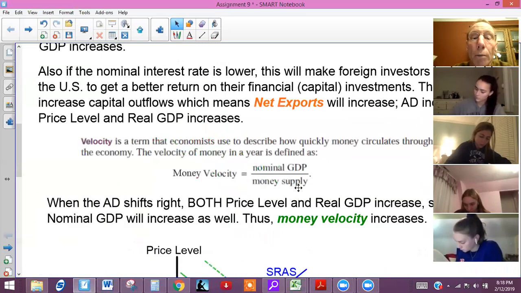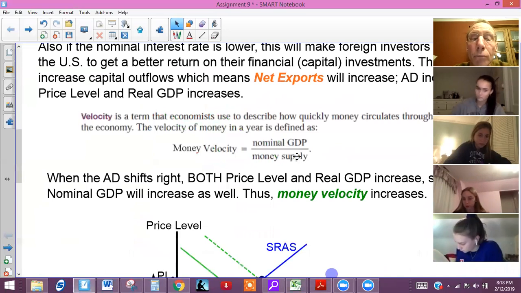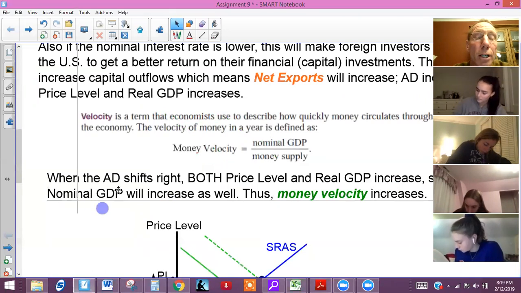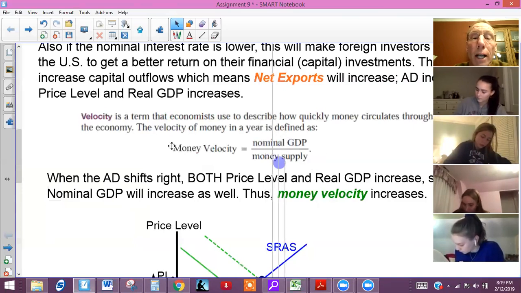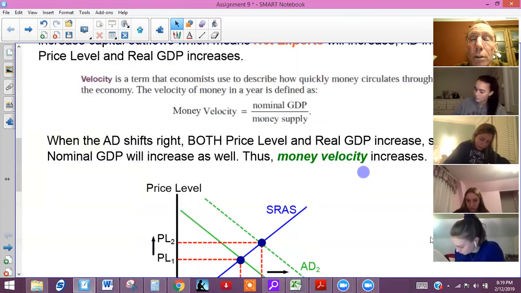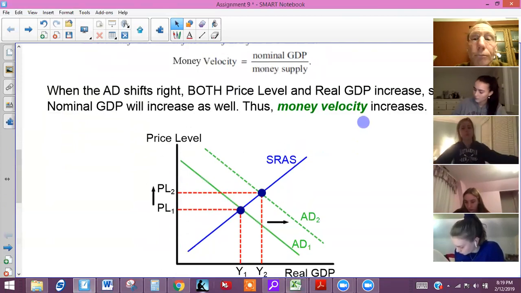So we know that the money supply is constant, but if aggregate demand shifts to the right, both price level and real GDP go up. So nominal GDP, because this has to do with the dollar amount of GDP, will go up. So if the numerator goes up and the denominator doesn't go anywhere at all, stays where it is, then the money velocity is going to increase, right? Simple math, right? Okay.